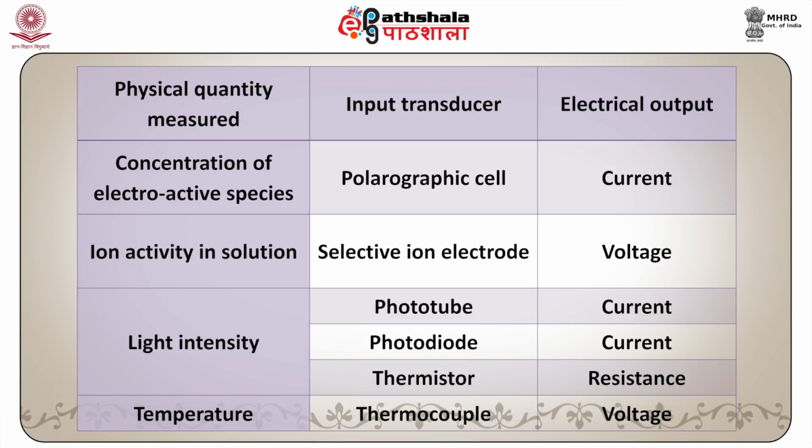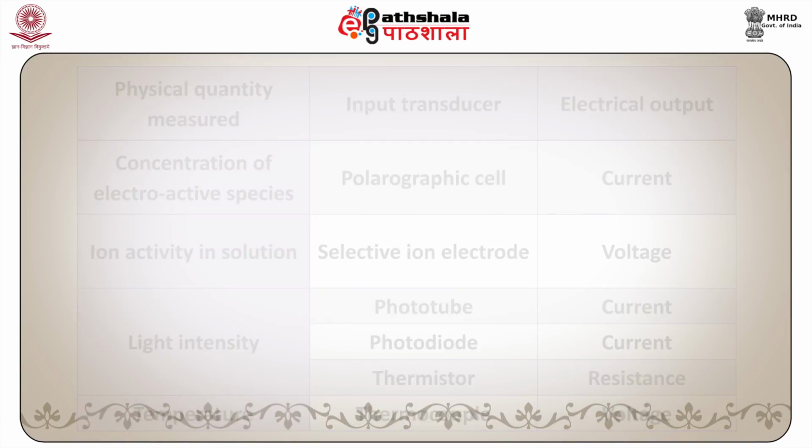Next, the physical quantity measured is light intensity. Input transducer, if it is a phototube, then the electrical output would be current. If it is a photodiode, the electrical output would be current, and if it is a thermistor, the electrical output would be resistance. And next, the physical quantity measured is temperature. The input transducer will be a thermocouple and the electrical output would be voltage.